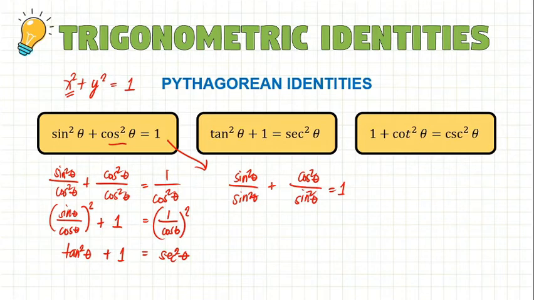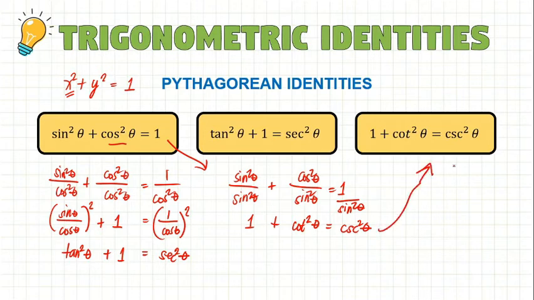So this will become 1 plus cosine squared theta over sine squared theta. Cosine over sine is just cotangent, and since we have squared there, we have cotangent squared theta equal to 1 over sine squared theta pala. And 1 over sine is just cosecant theta, so we have cosecant squared theta, which is our third identity.